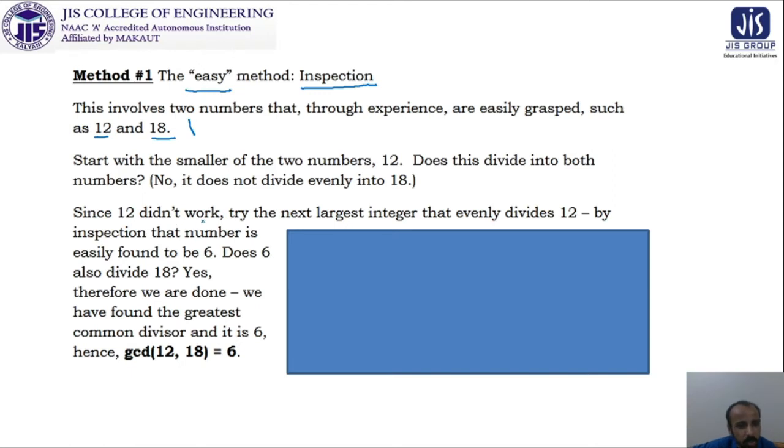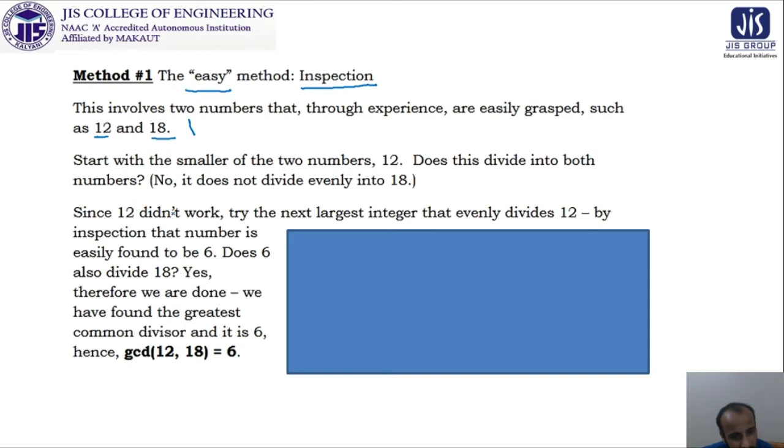Since 12 did not work, because 12 does not divide 18, we are trying to find the next largest integer that evenly divides 12. So by inspection we get the number 6. Now 6 divides 18, it is our question, and our answer is yes.